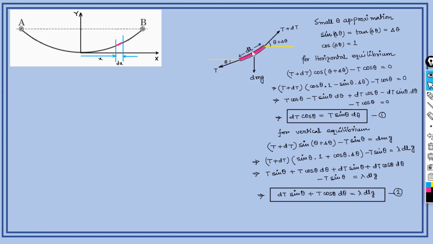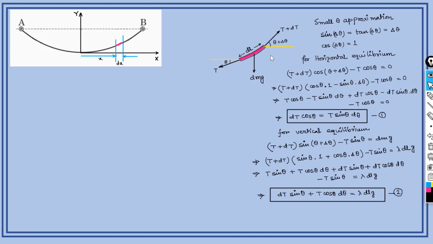Not only is the tension changing, but also the angle which the tension makes with the horizontal line. You can see I have changed this angle also by a small delta theta amount. And there is also a weight acting downward on this small element. This weight is dm into g, where dm is the mass of this small element.